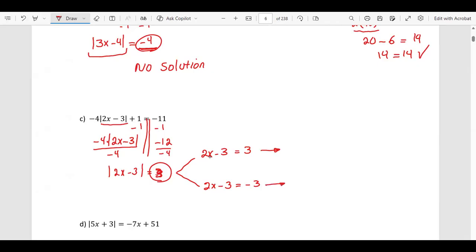To find the x, we have to isolate the x. Isolate the x means get rid of 2 and -3. To get rid of -3, we have to add 3 to both sides. To get rid of 2, we have to divide both sides.